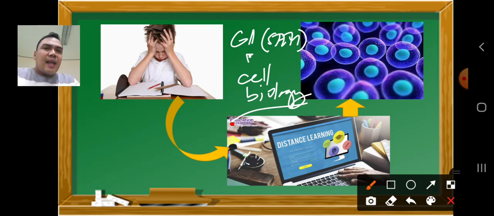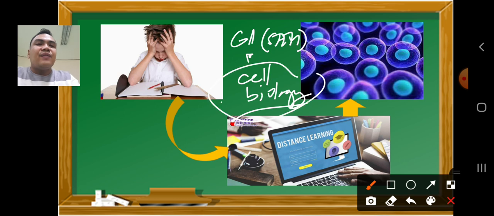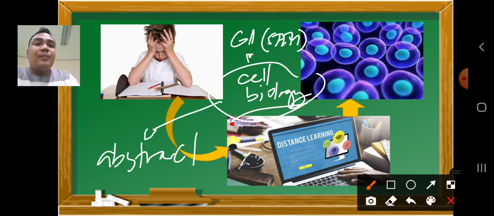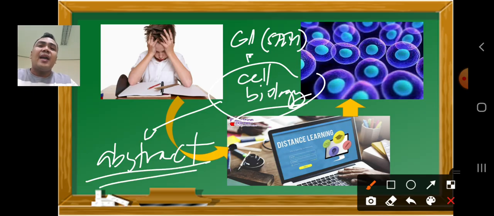So notice that one of the difficult subjects as perceived by many students is cell biology, simply because the nature of cell biology is that there are some instances that it is too abstract. Whenever we say that the nature of the subject is too abstract, it means that some of the topics there cannot be visualized directly by our naked eyes.